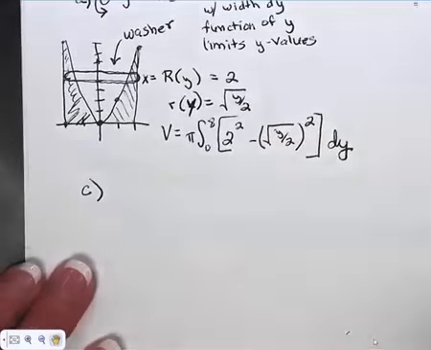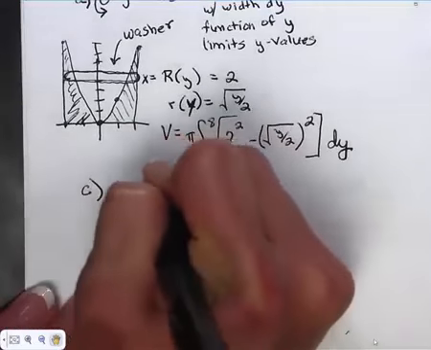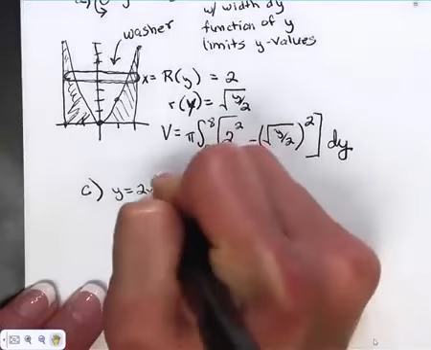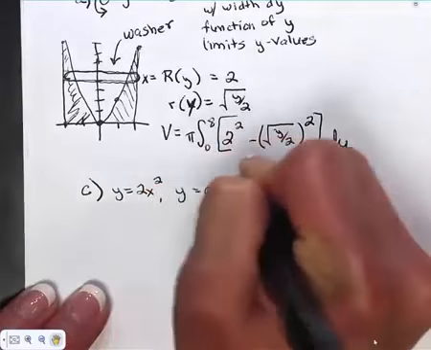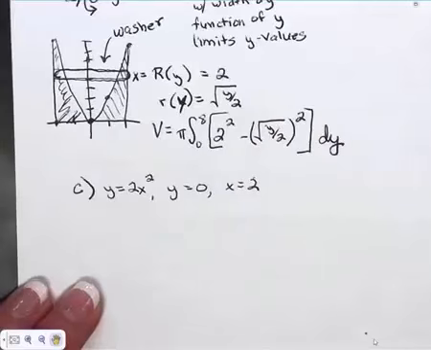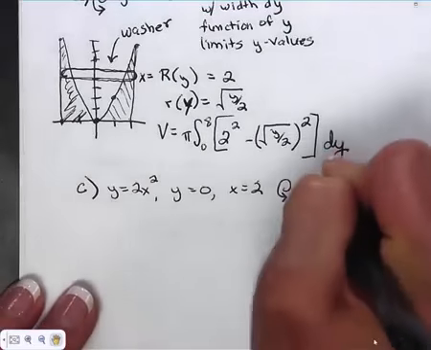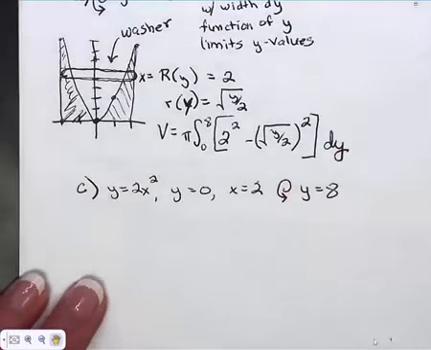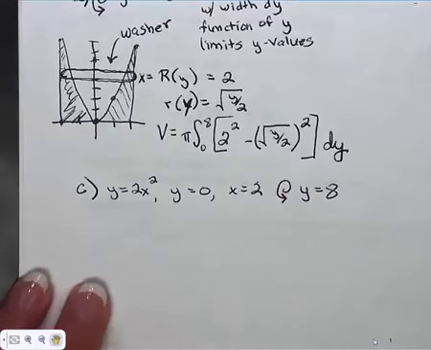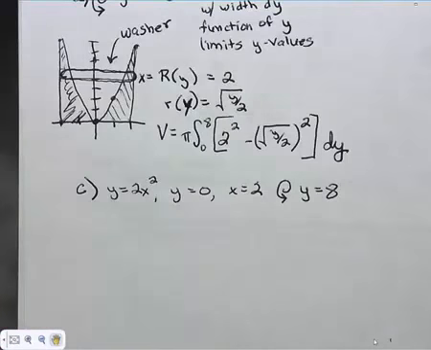The C part, we have the same y equals 2x squared, and the same y equals 0, and the same x equals 2. But this is being rotated around the line y equals 8. Here's everything that's going through my head. The line y equals 8 is horizontal.